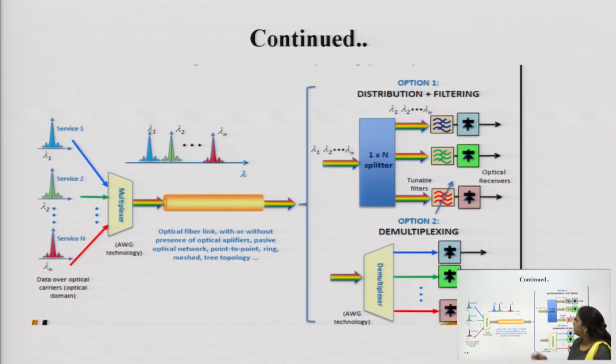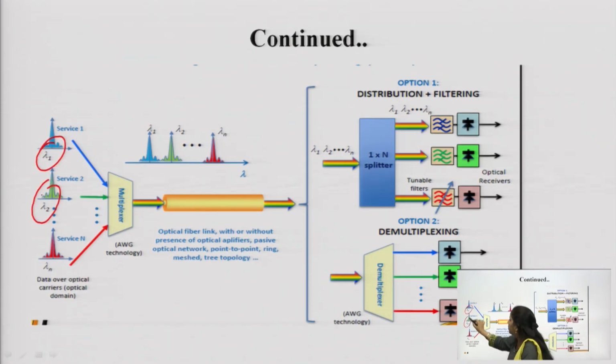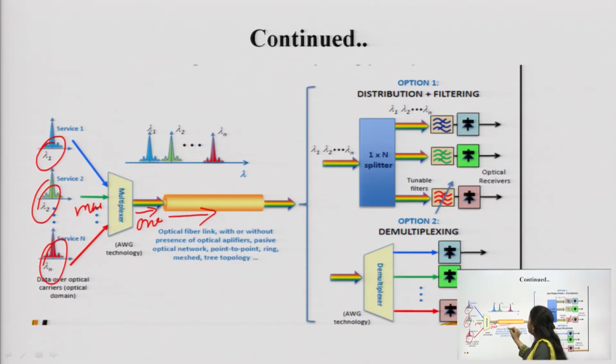Now just look at the multiplexing technique, WDM. Here we have wavelengths lambda 1, lambda 2 and till lambda n, and they are multiplexed. It is converted into one, I already told you it is many to one, and when it is converted into one, it is transmitted through the optical fiber link, and at the receiver section what is going on?